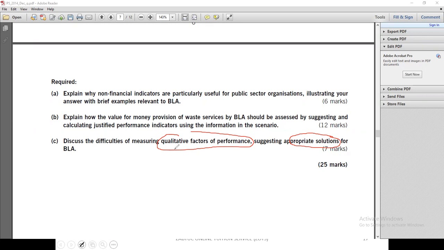Anyone who remembers? If we look at qualitative factors, what's the problem? Subjectivity in interpretation. Yes. Subjectivity in interpretation. What else did we talk about?